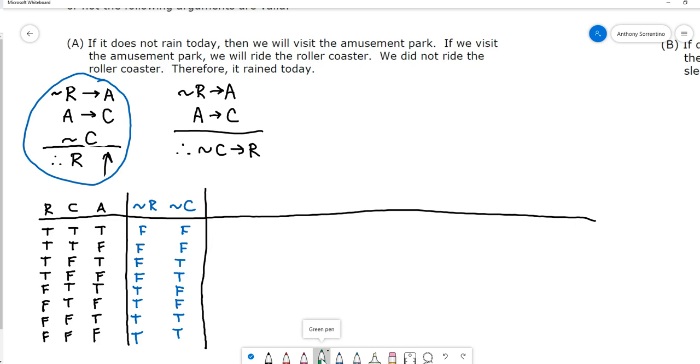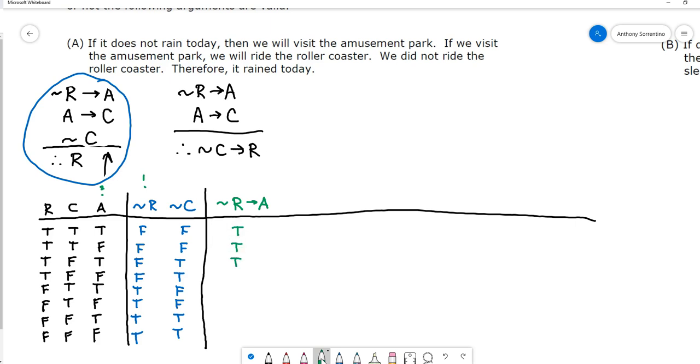So now I want to do the first statement that actually would lead to my conclusions. If not R, then A. So I'm looking at this one here first and this one here second. And so for the first four rows, it's going to be true because not R is false.